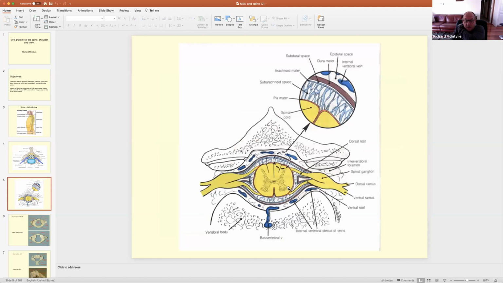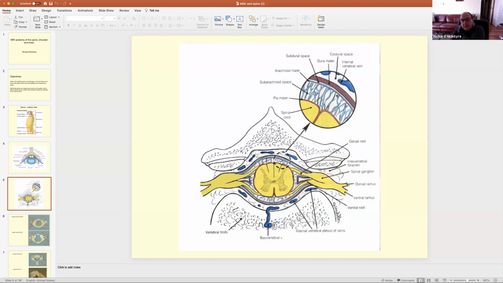As I mentioned, we're going to cover the different layers of the cord that we will see. Obviously they're very, very small. So if there's pathology in and around them, we'll be able to see what sort of pathology that is, or where that pathology is because of its presentation, which is another lecture I think you will probably have.